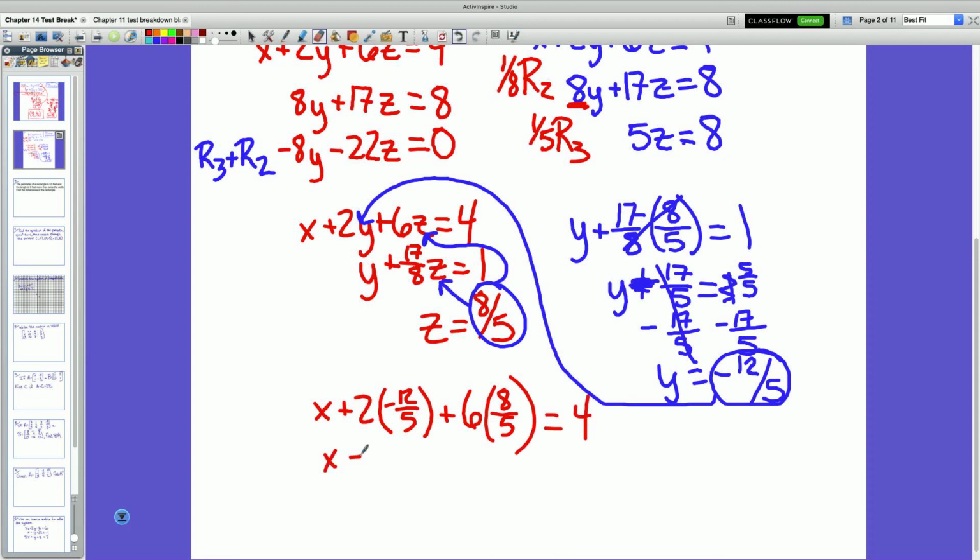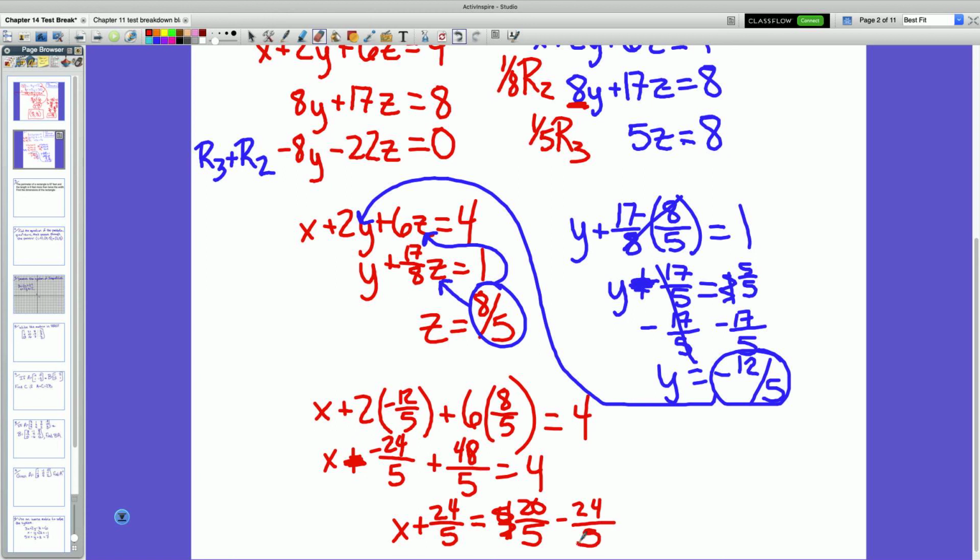So I'd have x plus negative 24 fifths, sorry, why do I keep doing that? 24 fifths, no, that's not right. 6 times 8, 48 fifths equals 4. Well, negative 24 plus 48 is 24, so this is x plus 24 fifths equals 4. And 4 would really be 20 fifths. So then I'd subtract 24 fifths, get rid of it on this side. And so x would be negative 4 fifths.